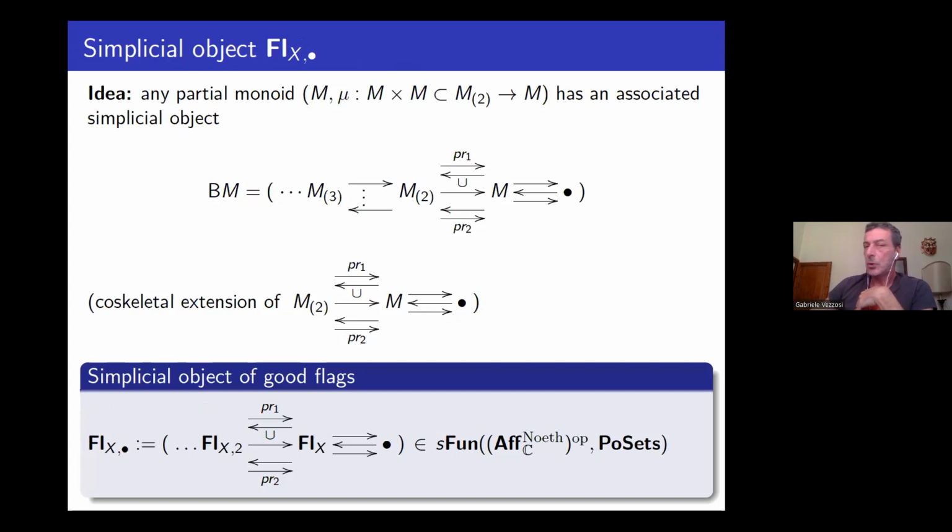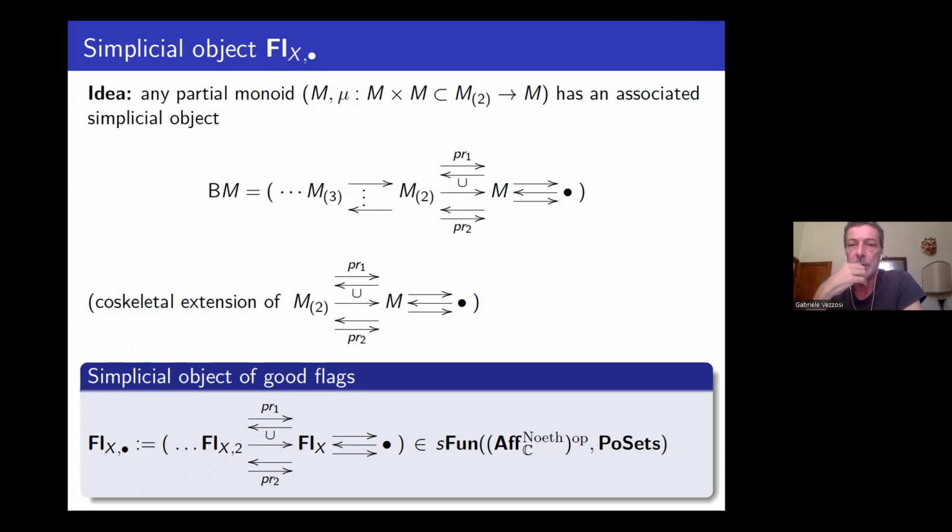So we want to go on to construct a simplicial object. We observe that whenever we have a partial monoid, so the monoid operation is only partially defined, on a subset of M times M, then there is an associated simplicial object, a classifying space if you want, the classifying simplicial object.